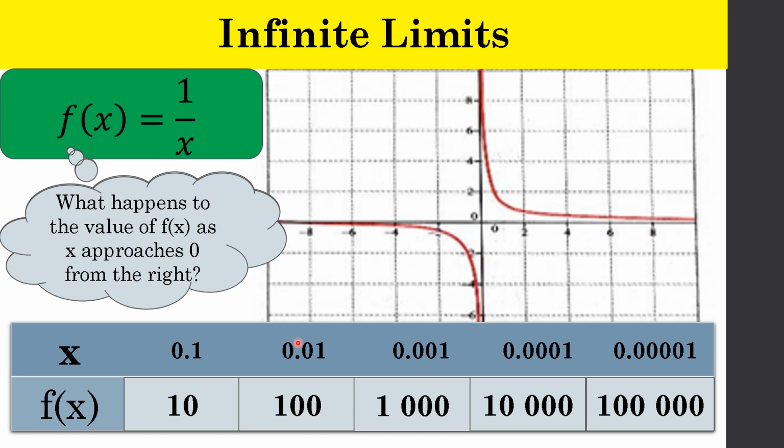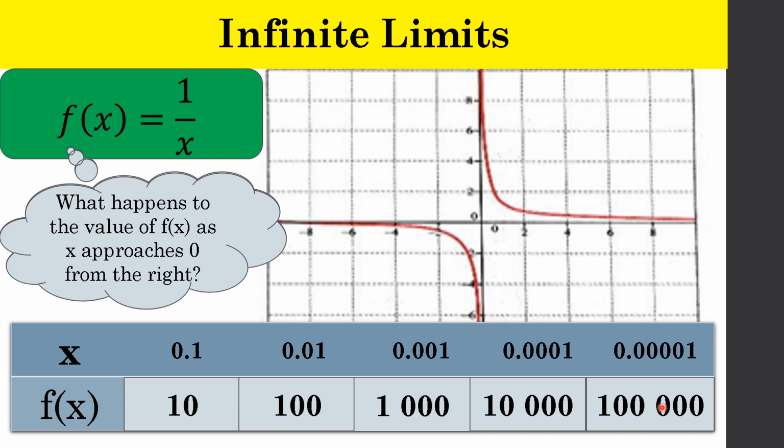Kanina, yung mga value ng f of x natin is approaching to negative infinity as x approaches 0 from the left yun. Okay? So ngayon, as x approaches 0 from the right, ano ang nangyayari sa f of x? From 10, naging 100, naging 1,000, naging 10,000, and naging 100,000. So the values of your f of x increases. Okay? Pataas ng pataas until it reaches to positive infinity.